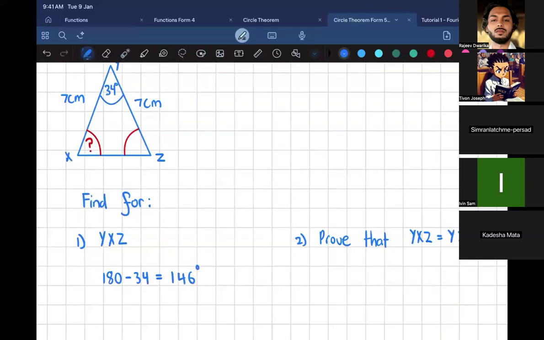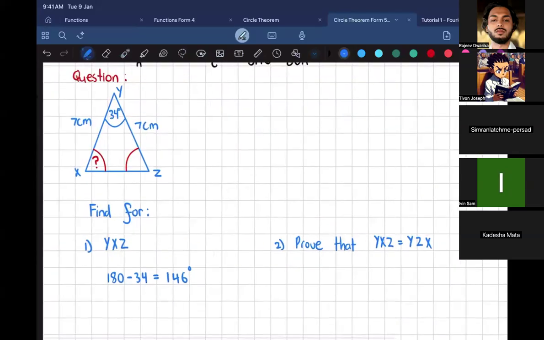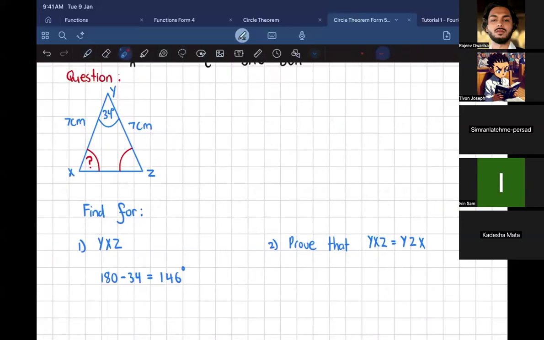That should be 146 degrees. Do you understand why I'm doing that? Yeah, to find how much the two equal angles come out to. That's it, because if this is 34 and I take it away from 180, the other two angles have to add up to 146.